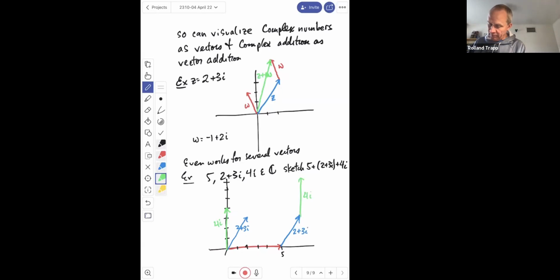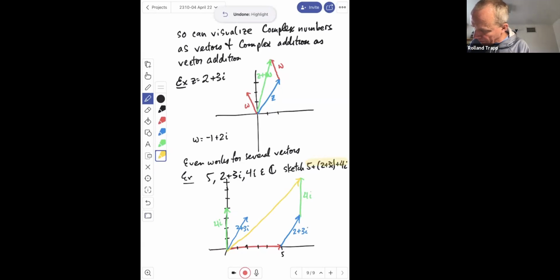And their sum, which will be yellow, is from the origin all the way out to the tip. This is the yellow sum. If I just add multiple complex numbers, I can just do them tip to tail like that. So this is the 5 plus 2 plus 3i plus 4i.